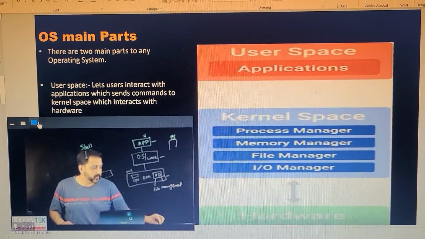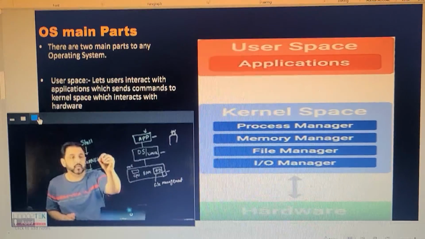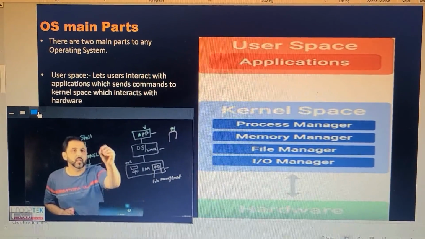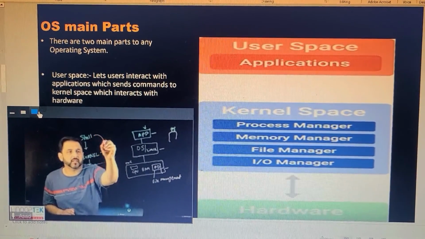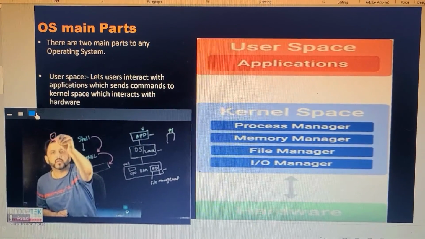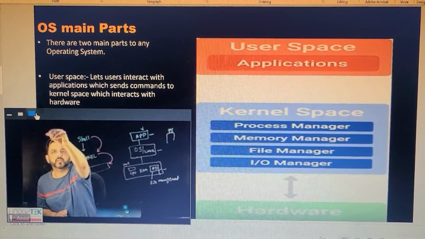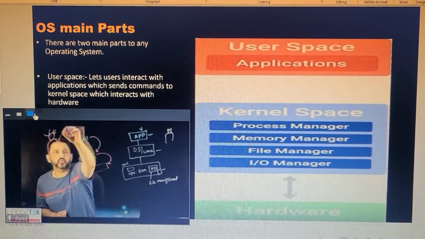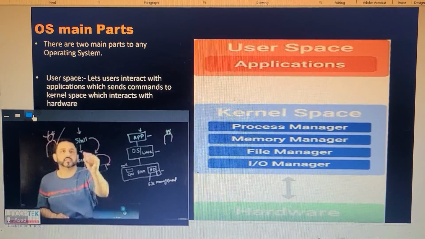The kernel interacts with the hardware, and the shell interacts with the kernel. And you are an entity that logs into Linux, and you interact with the shell.